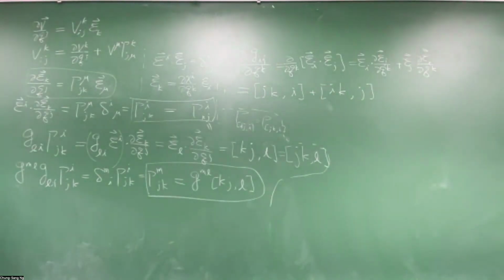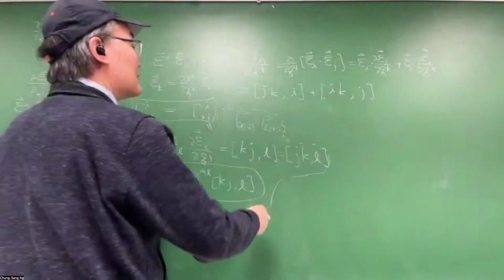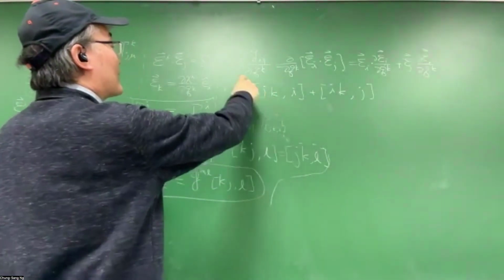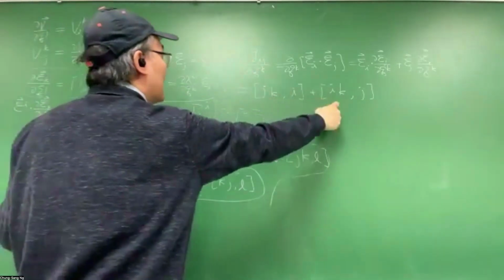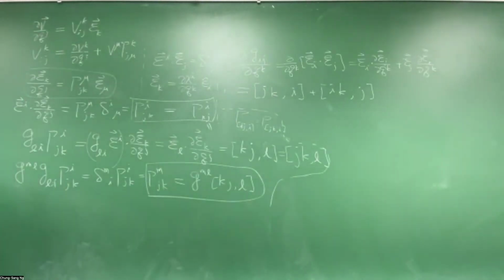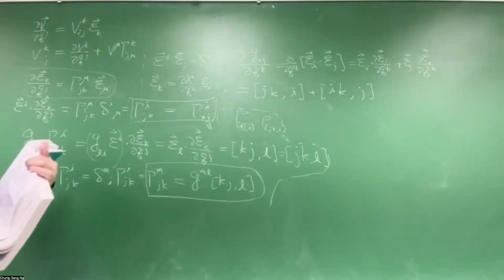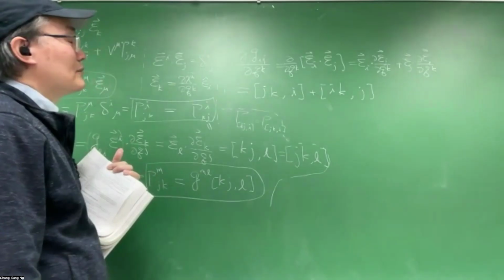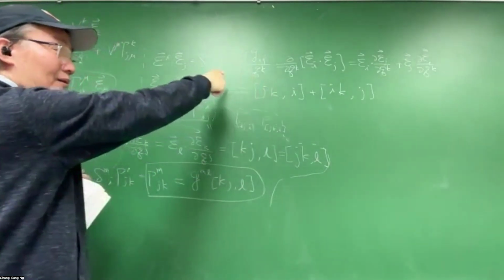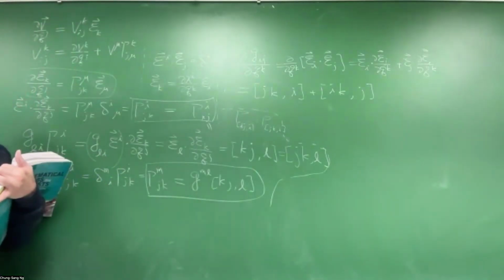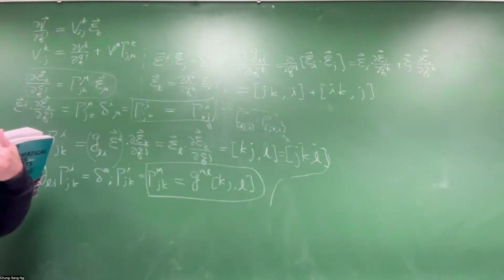Now we're getting close. If you take the derivative of one component of the metric tensor, you get two Christoffel symbols of the first kind. Now the idea is how to invert that and solve one of these in terms of a combination of the derivatives of the metric tensor components.